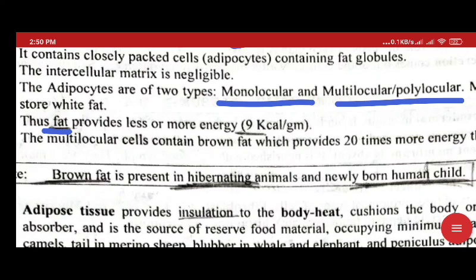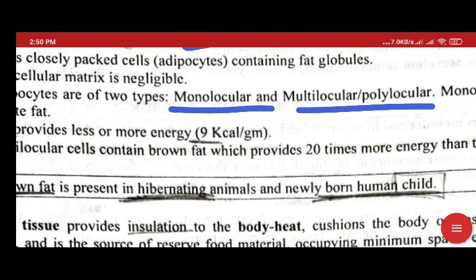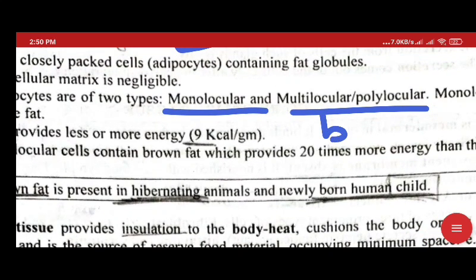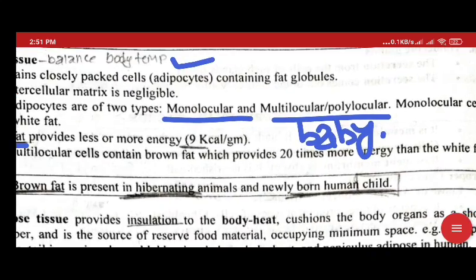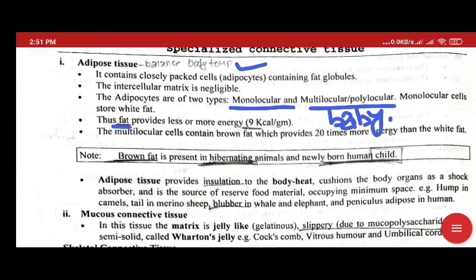It is present in the camel hump, in the whale's bubble, in blood vessels. And multilocular we found in babies and hibernating animals. Hibernating animal. So now let's move on.